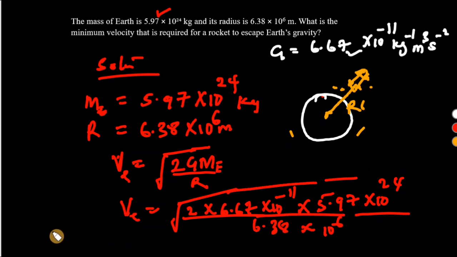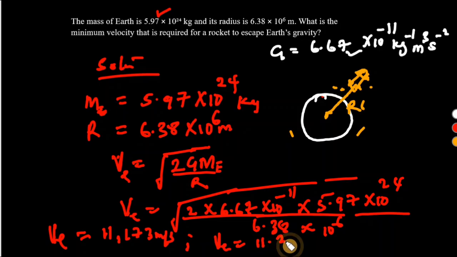If you do this math, you see that the escape velocity will be 11,173 meter per second. In kilometer per second, that is approximately 11.2 kilometer per second. This is the minimum velocity with which this rocket can escape from the gravitational influence of the Earth.